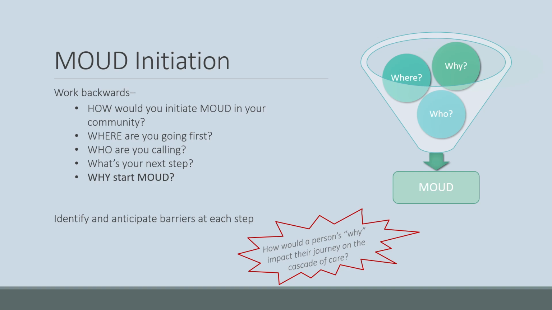It's also important to consider why people initiate MOUD. What different ways might their reason impact their journey to initiate care? And while you're identifying all the routes to successfully initiating MOUD, it's also critical to imagine a barrier at each step and think about how those might be resolved.